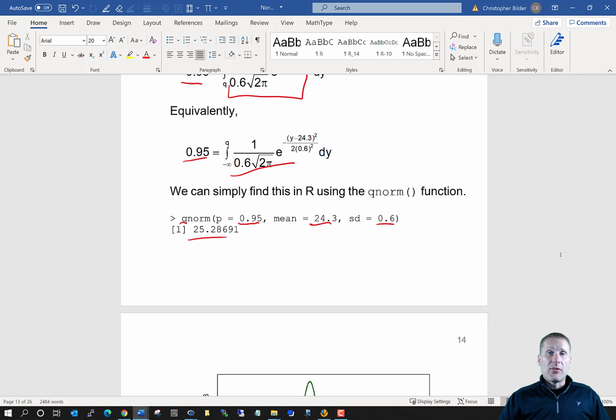So for example, one that deals with what's called the gamma distribution, there is a qgamma function associated with it. With another probability distribution called the T distribution, as in the letter T, there's a qt function with it. And we'll be using that kind of a function a lot later in our course.